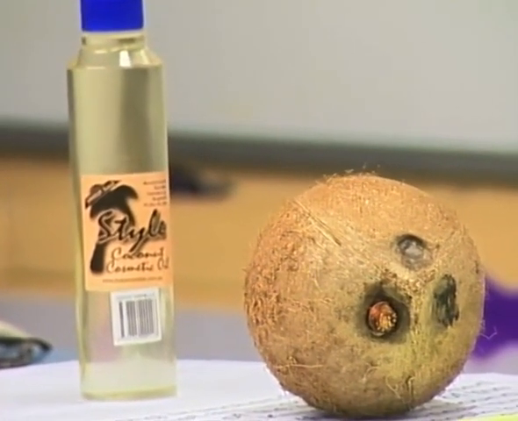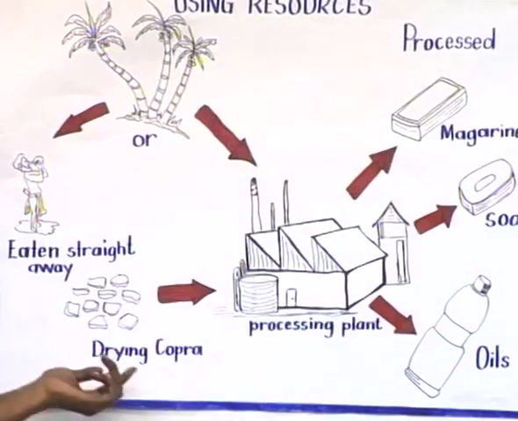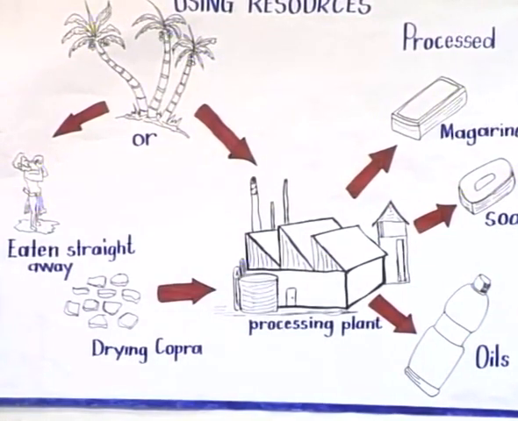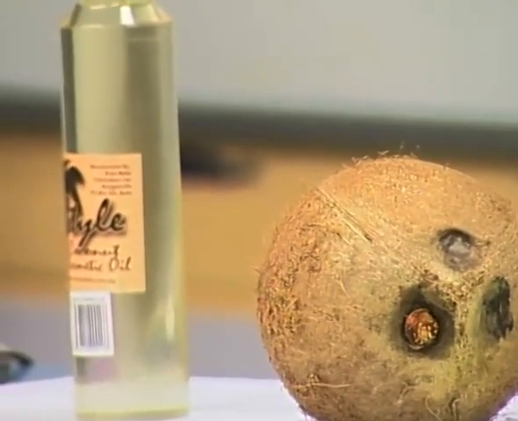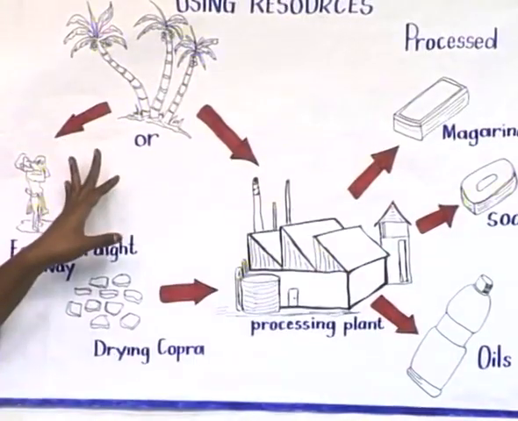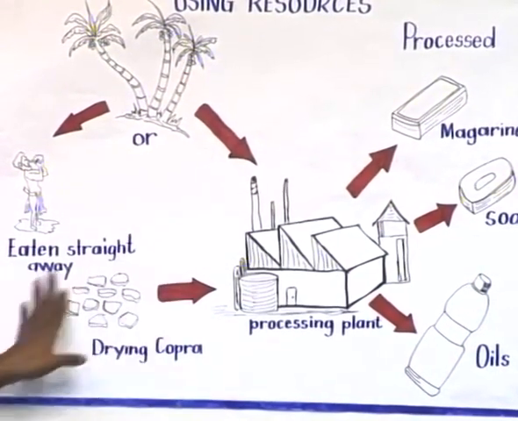The copra is dried and then goes to the processing plant, and you end up with coconut oil or soap or margarine. So class, this is how our resources are used.